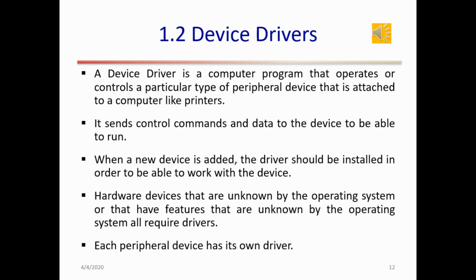A few years ago, this was done by a CD that usually came with the printer, from which you can install the definition of the printer to the computer. Nowadays, in most cases, you can install this definition from the internet. The software in the CD, or the one that you install from the internet in order to define your printer to the computer, is called the printer driver.